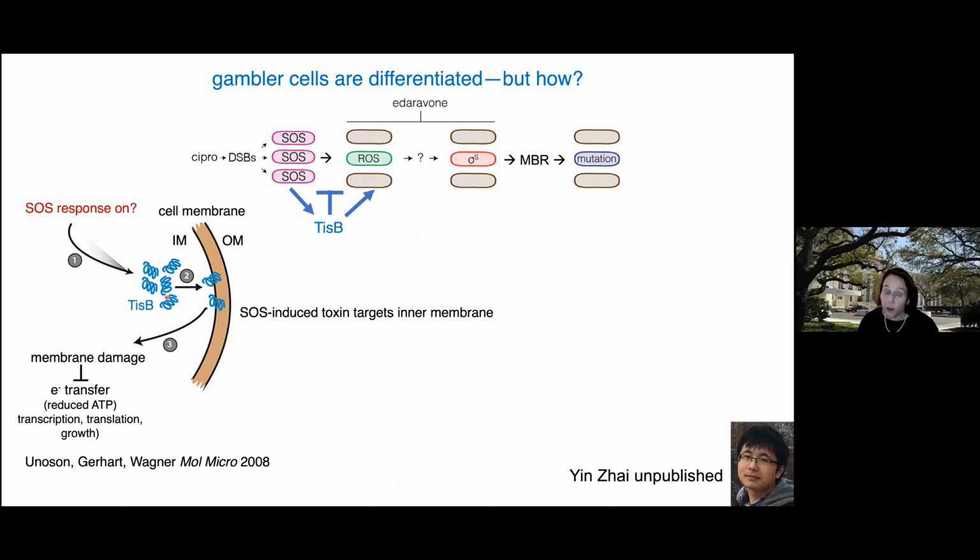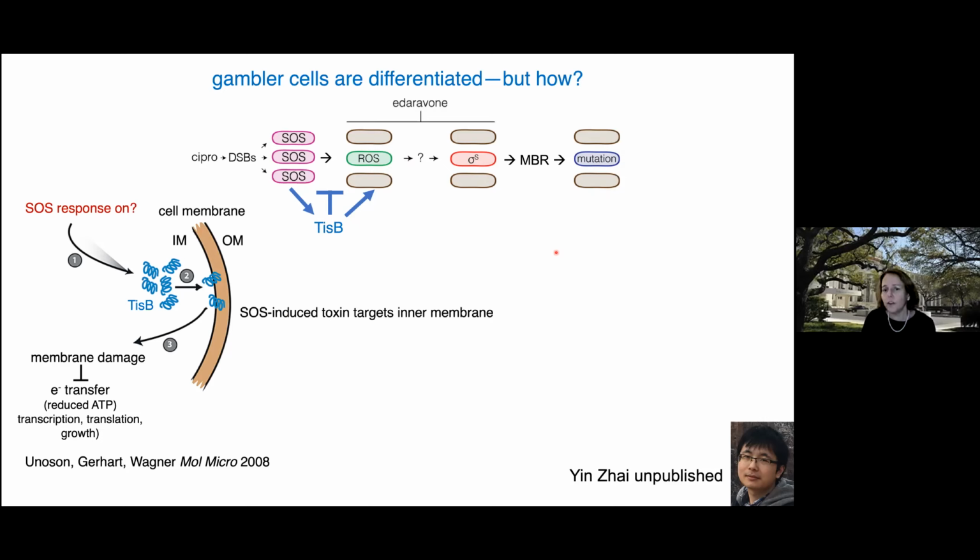And it's known that when TSB is expressed, you have inhibition of electron transfer and growth. Yin has looked at it and shown that if you knock out TSB, which is not essential, you still get the SOS response, but you don't get reactive oxygen, sigma S response, or mutagenesis.